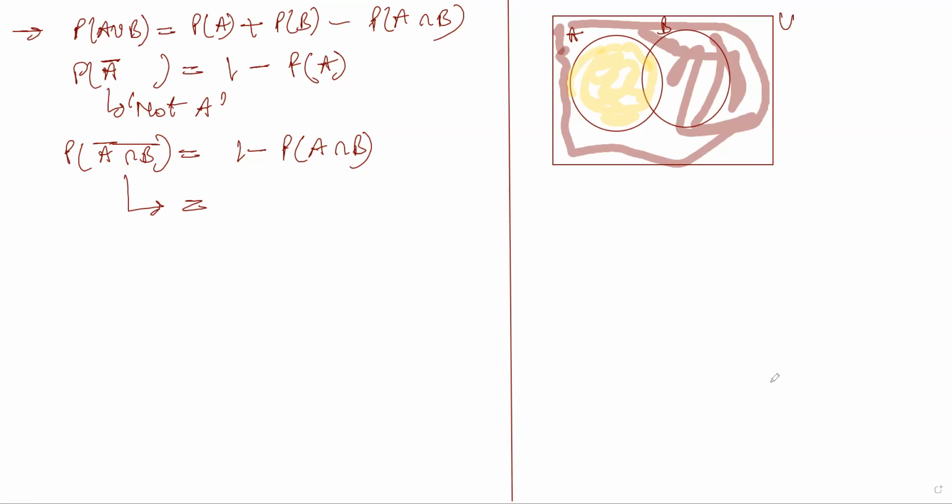So this is A complement. Similarly, this is B, another circle, and the portion outside the circle is B complement.